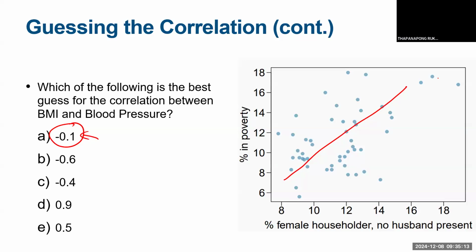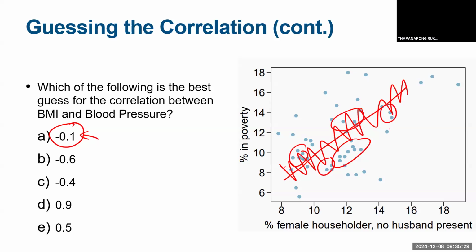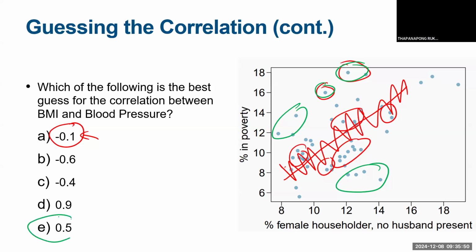If I don't use this, would this still make sense? So basically, there are some points along this line that can be explained using this line. But there are some outside, like these, that cannot be explained. And if you look at it like this, basically you will get something like this.